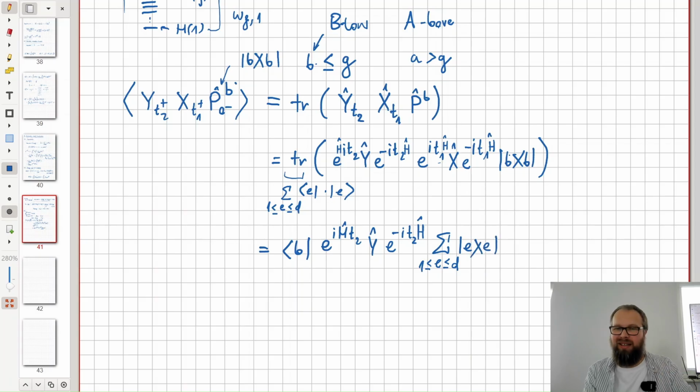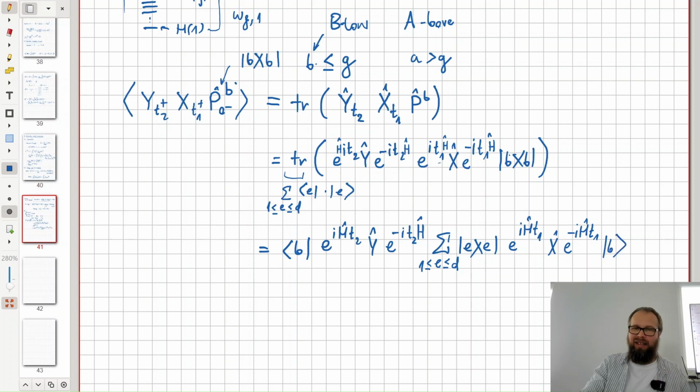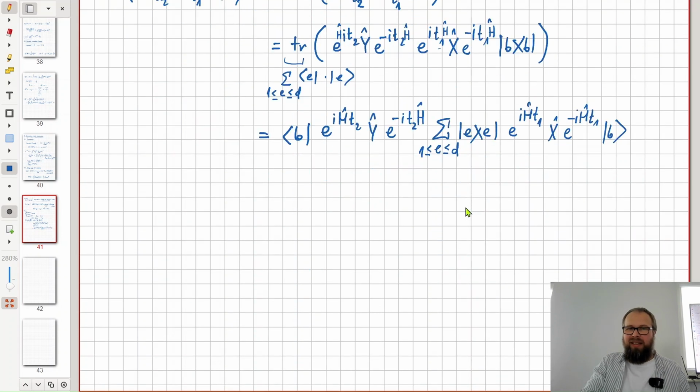This is a standard trick. I'm doing this because we are assuming we have already diagonalized the Hamiltonian, so we want to exploit that to our benefit. Now we can start doing crazy stuff.